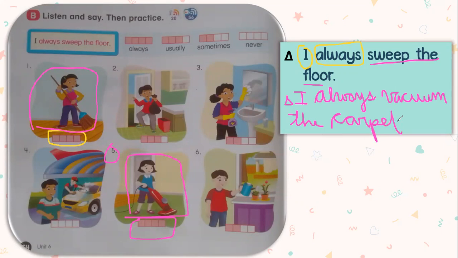And what about the last sentence? Ah, Miss, don't forget the period at the end of the sentence. What about number 6? Okay, let's see. Number 6, how does the sentence start? I. What is this? Sometimes, good. I sometimes.